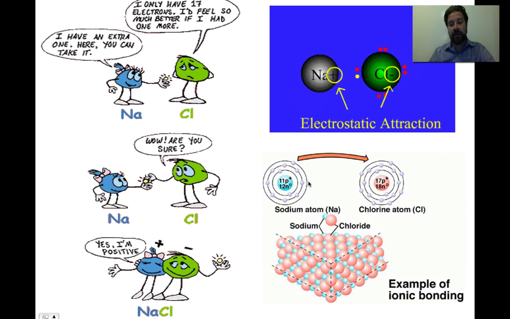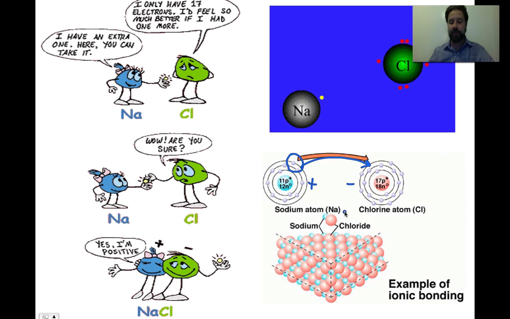We can also analyze it in terms of atomic structure here. Here's sodium with its 11 protons, 12 neutrons, and it has 11 electrons. But it's going to give up its 11th electron over to the chlorine, and by doing that, it will become positively charged. Chlorine becomes negatively charged, and they stick together through an electrostatic bond or an ionic bond.